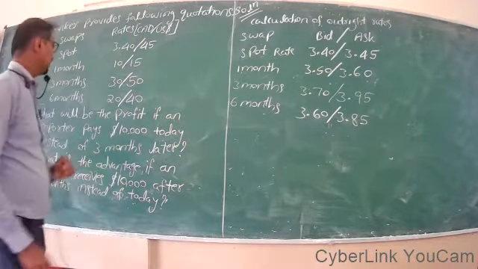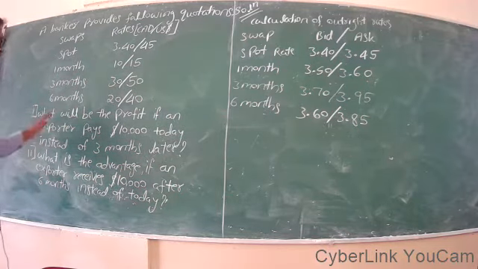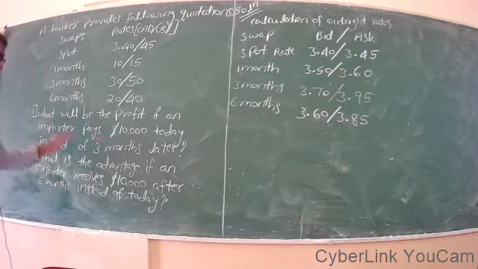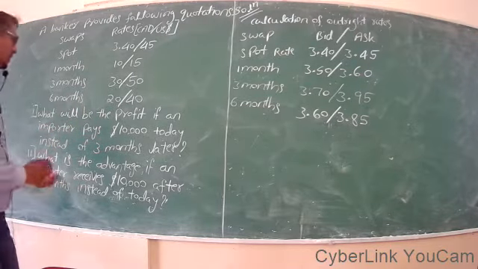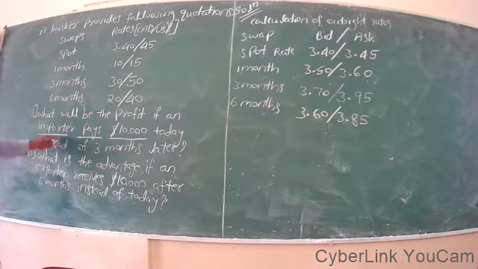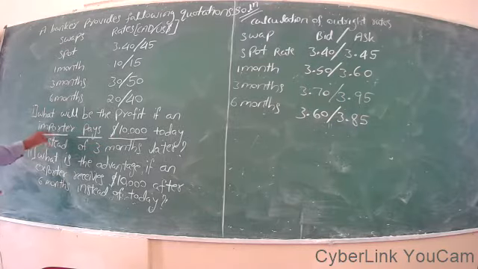Now, focus on the questions. They are asking what will be the profit if an importer pays $10,000. An importer paying $10,000 means he is importing from the US, and the importer's home currency is the Canadian dollar, right?